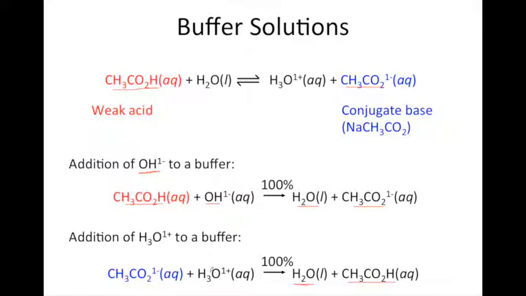So adding a strong acid to a buffer solution, the strong acid reacts with the conjugate base. The strong acid is then neutralized, and the pH remains relatively constant. So again, be sure you appreciate how a buffer solution works, and you can show that using balanced chemical equations.